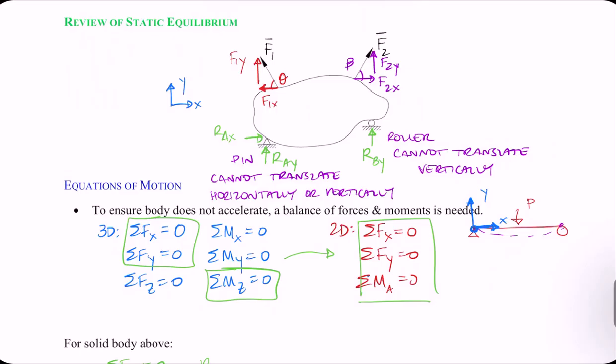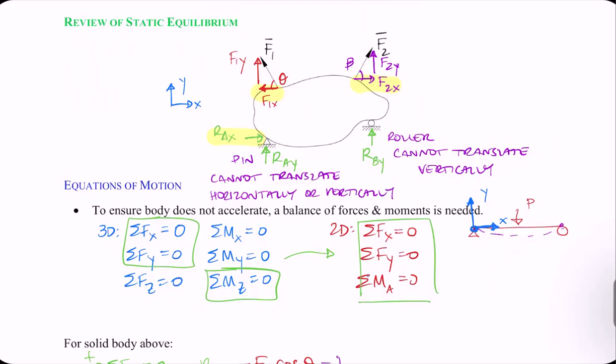So pretty standard. So I'm going to add anything in the x direction to this. I have my F1 in the x, my F2 in the x, and my RAX. My F1 is pointing negative, so it's pointing opposite of my other ones. So I'm going to write minus F1 cos theta. It's the cosine because it is adjacent to the angle I've labeled.